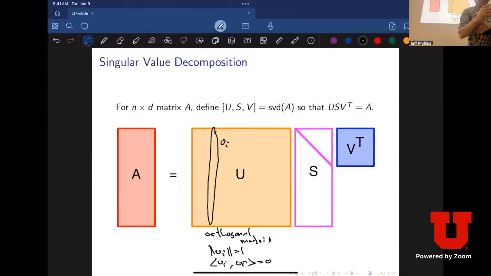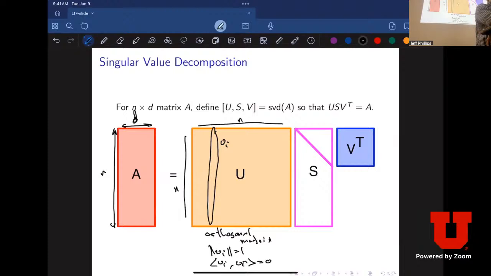So these are orthogonal to each other, and these columns are unit vectors. This matrix is n by n.